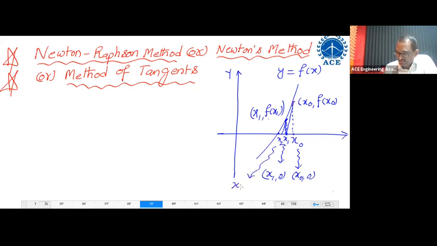On the x-axis, the y coordinate is 0, so this is x2 comma 0. So x0 is the initial approximation, x1 is the first approximation, x2 is the second approximation. Gradually we are coming close to where the curve touches the x-axis. x3 is the third approximation. After 3-4 iterations we come very close to the root.